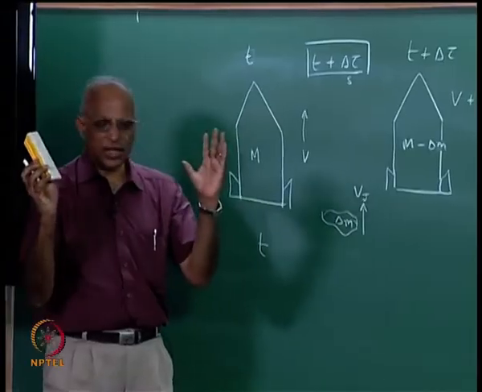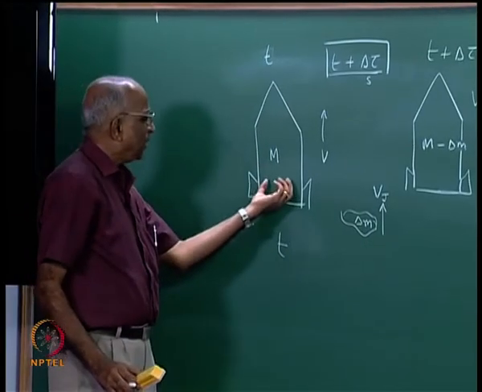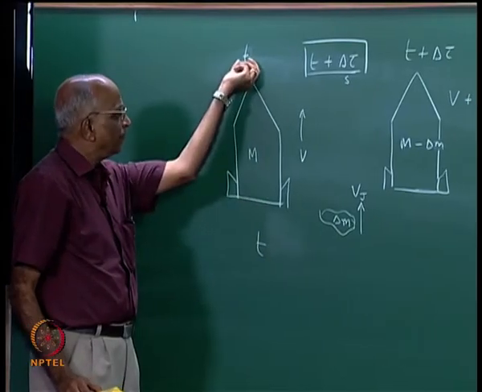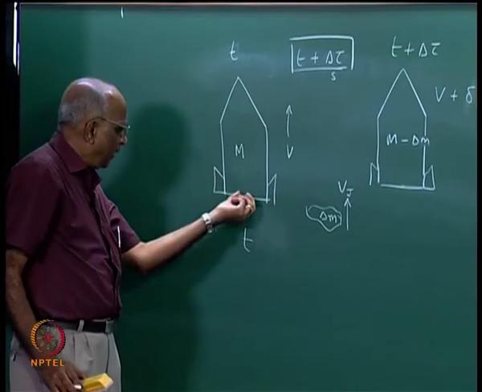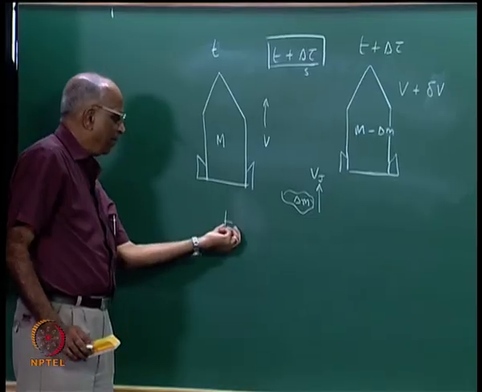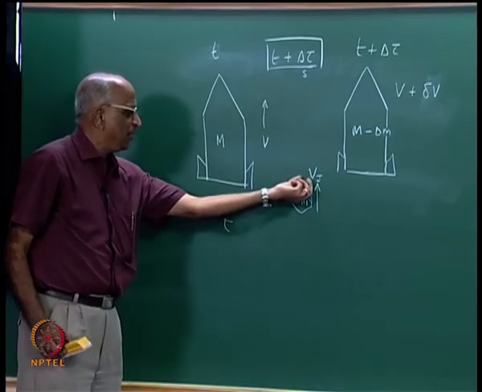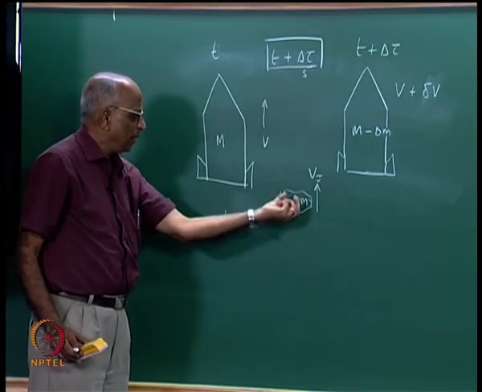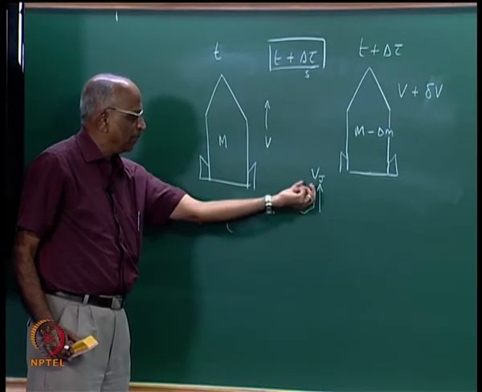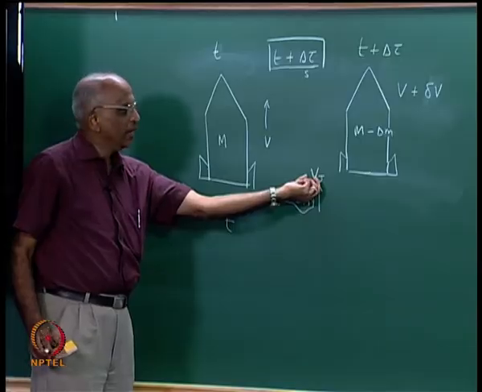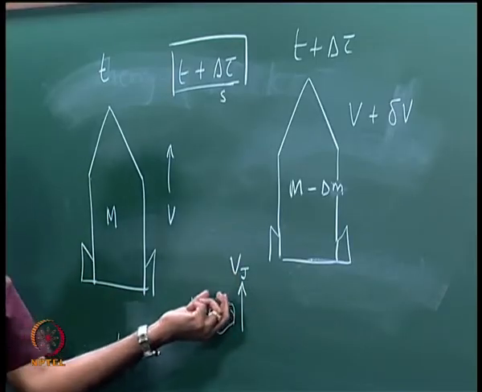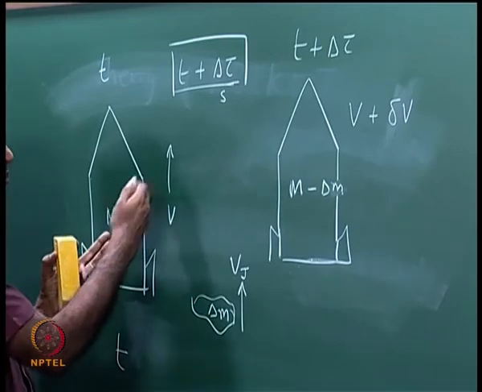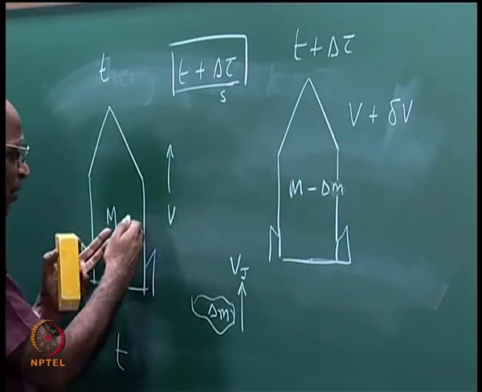Let me repeat the assumptions again. A rocket is flying with a mass M at a velocity v at time t. How does it fly? It keeps on releasing mass at a velocity Vj, and during a small time delta tau, it releases a mass delta m with a velocity Vj, and therefore, because of this the velocity increases, because we presume, let us find out whether it really increases or not.